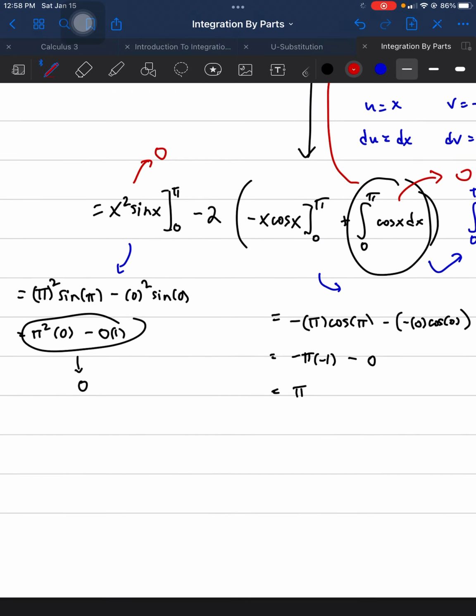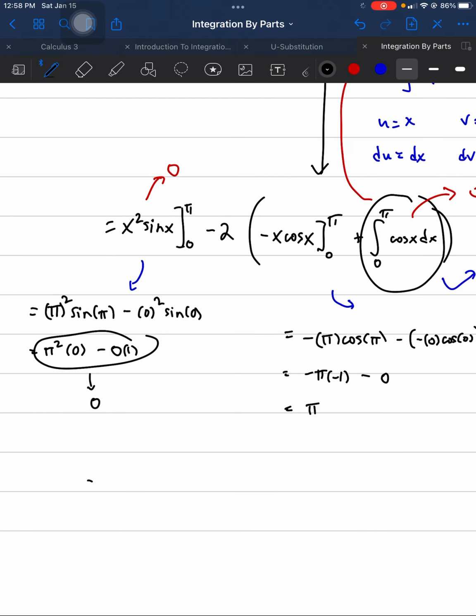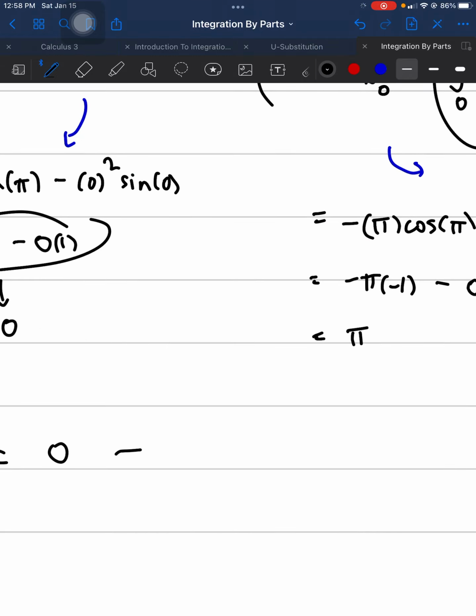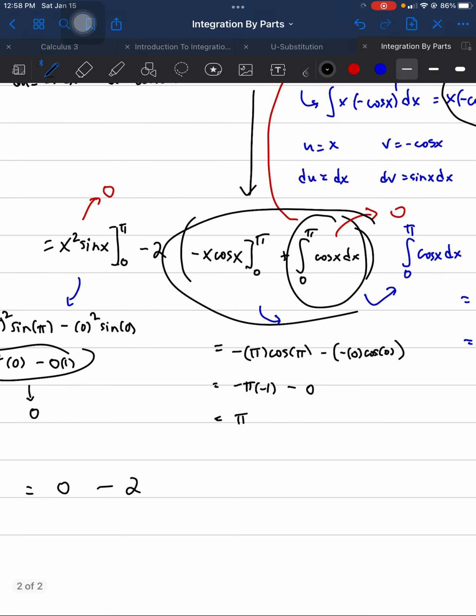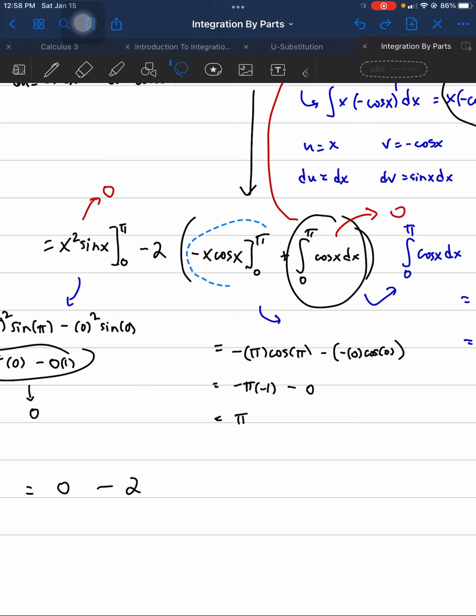So let's now put everything in one spot, right? We know that this right here is equal to 0. So let's put 0 there. Then we know it's being subtracted by 2 times this entire expression. We determined that this thing right here, negative x cosine x evaluated from 0 to pi, is just pi.